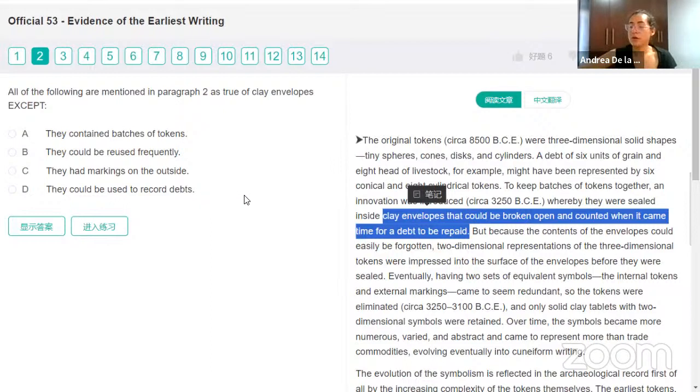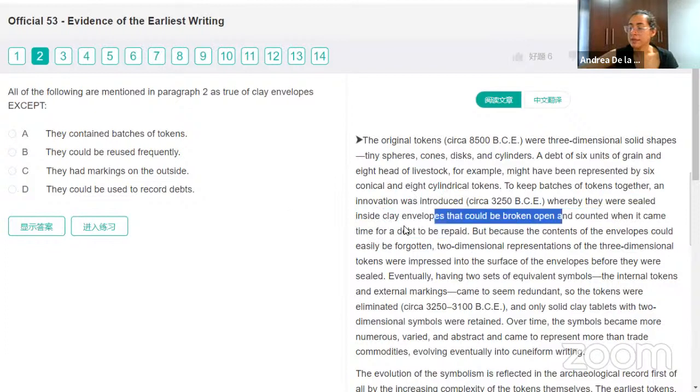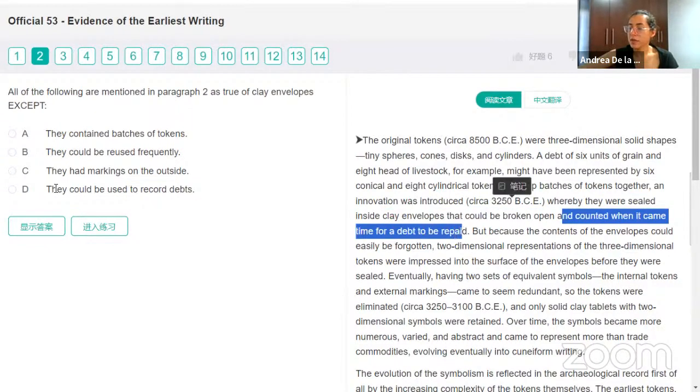They could be used to record debts because you seal the tokens inside the envelopes, and when it was time for the debt to be counted, you would open the envelopes and you would count the tokens. So these clay envelopes used to be used to record debts, para contar, para registrar las deudas. So D is actually mentioned.